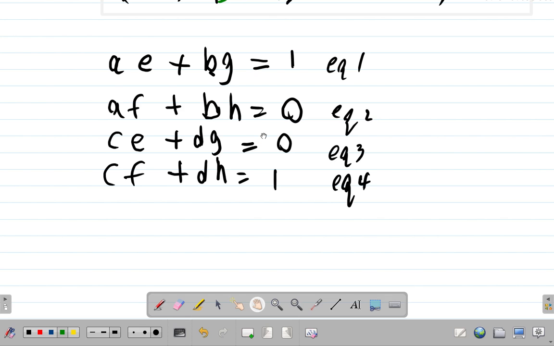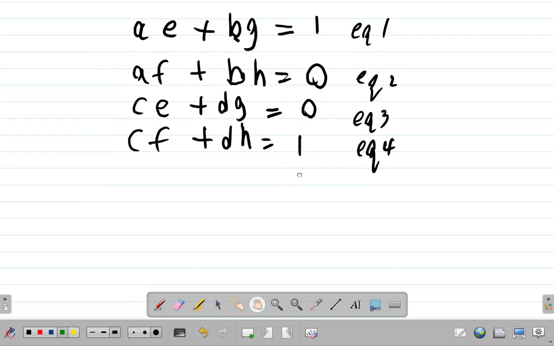Now, let's see what happens here. If we look again at equations 1 and 3, equation 1 says AE plus BG is equal to 1. That's equation 1.